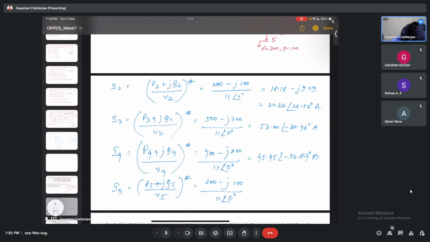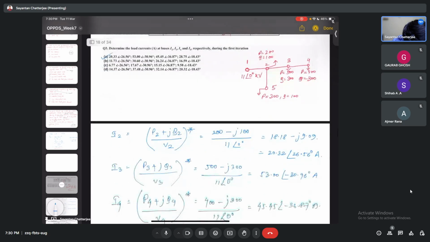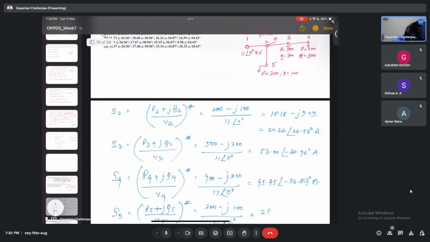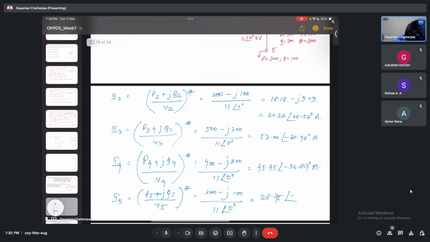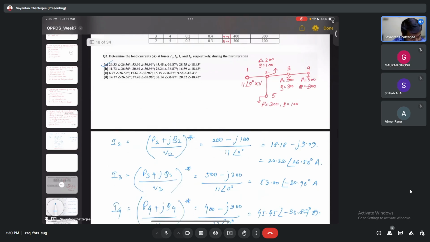For all these cases, the denominator is 11 only and it's 28.75. Just check whether these are correct or not. I think these will be correct. Okay, so option A is the correct one.